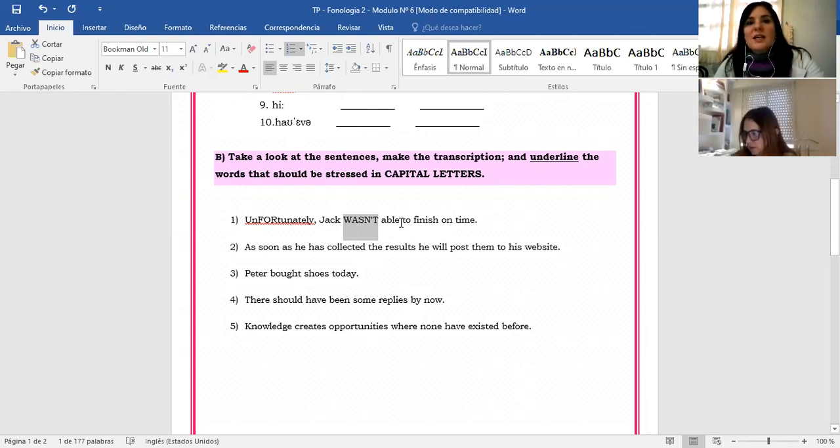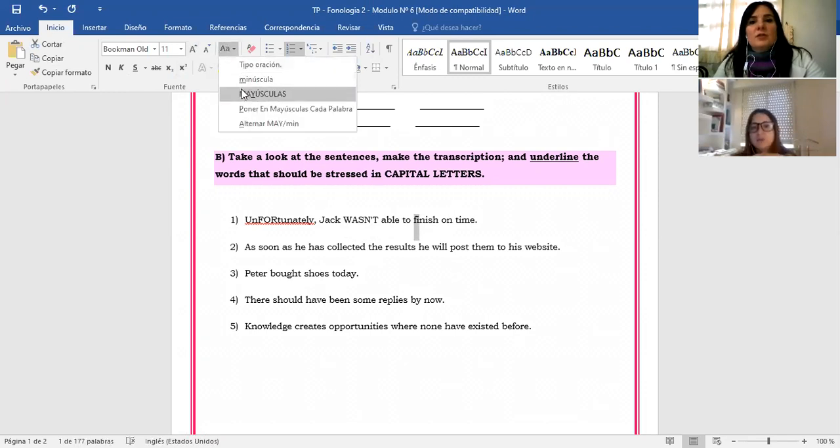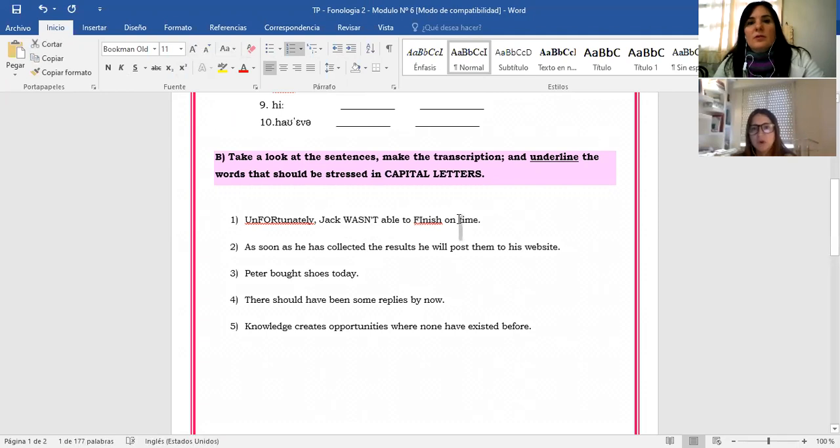So he wasn't able to finish on time. Finish on time. Finish, just fin or finish? To finish. Finish. Okay. And do I have to put in capital letters also all the syllables, and all the words that I want to express?